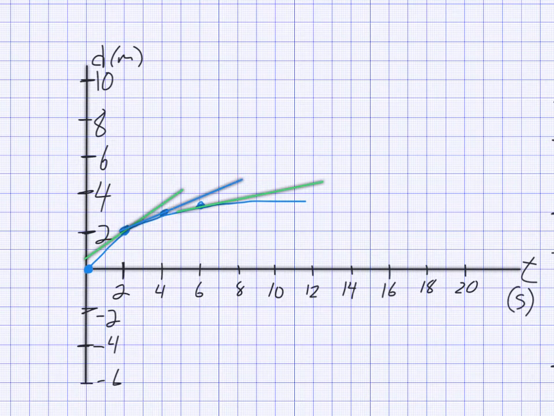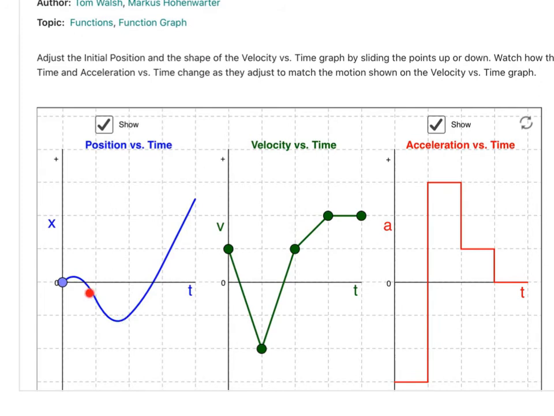All right. So here we have the three types of graphs side by side, so that you can see that they affect one another. Remember, for position versus time, or displacement versus time, the slope of this line tells us velocity, and we can look at how that velocity changes over time and mark it with data points.